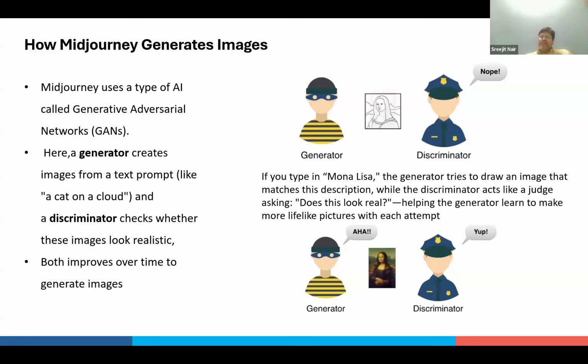So two models work together. If you type Mona Lisa, the generator tries to draw an image that matches this description, while the discriminator acts like a judge, asking, does this look real? So it will give the feedback to the generator, and the generator will learn to make more lifelike pictures with each attempt. It will keep on doing this 500,000 times, whatever it takes for the image, howsoever complex it is.